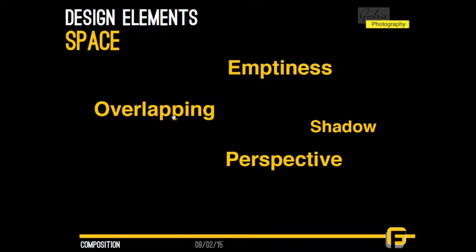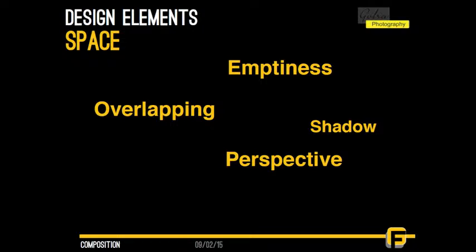What does space give you? Space gives you emptiness, a whole empty area, something with an absence of anything. Then overlapping, when two or three things overlap each other due to less space.